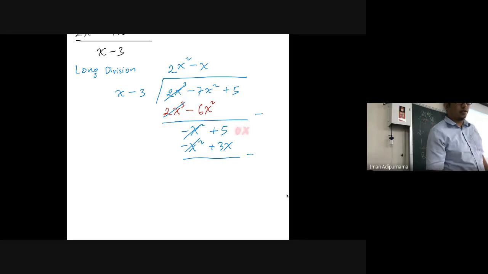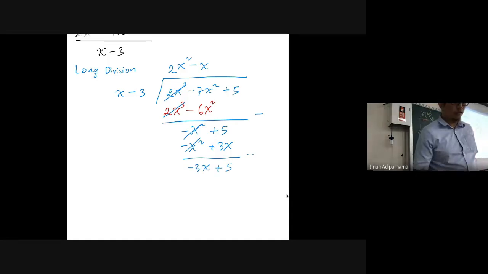So 0 minus 3x will be minus 3x plus 5, and then multiply by negative 3 here will be negative 3x plus 9, right?